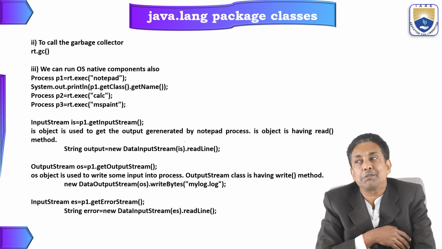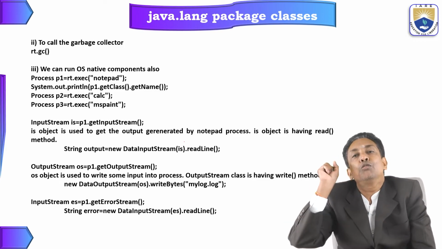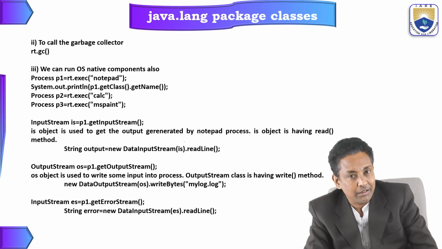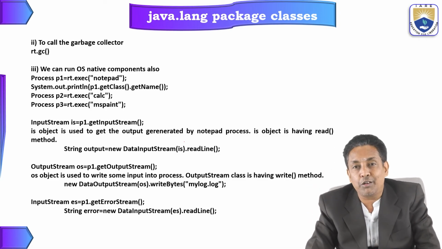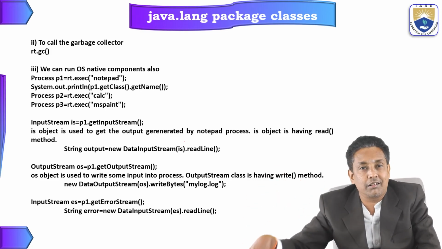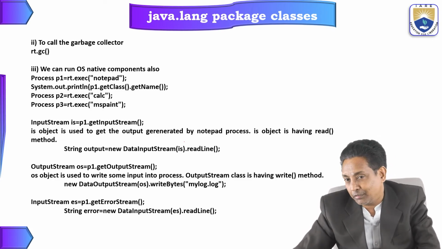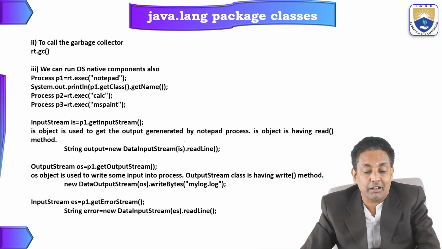DataInputStream is an input stream class which can read data of different types. But the most frequently used and world popular method of DataInputStream is the readLine method, to read line by line. But other methods are also there.